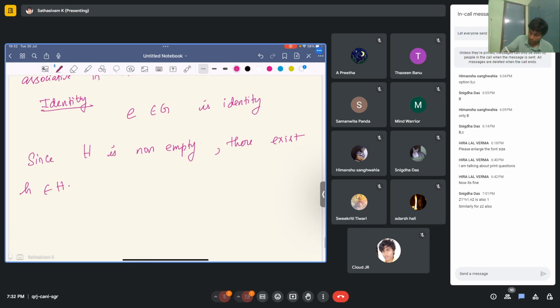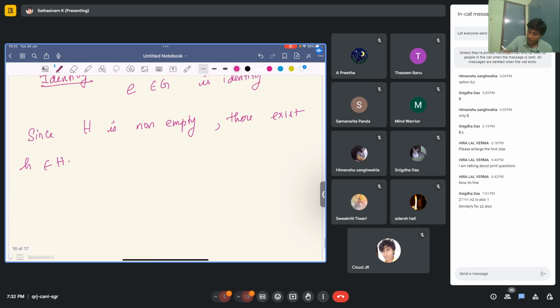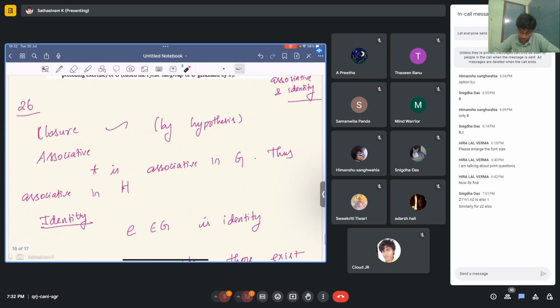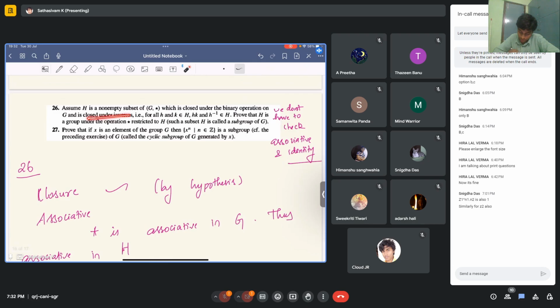Now, since h belongs to H and this set is closed under inverse, h inverse also belongs to H. Why does h inverse belong to H? Because H is closed under inverse, right?